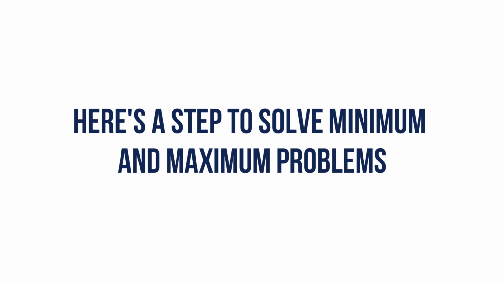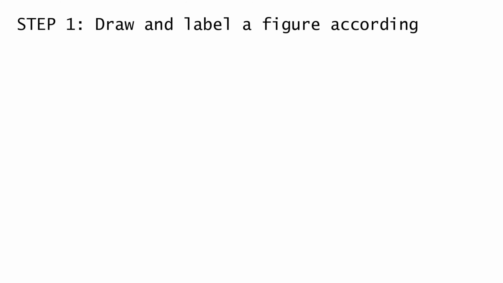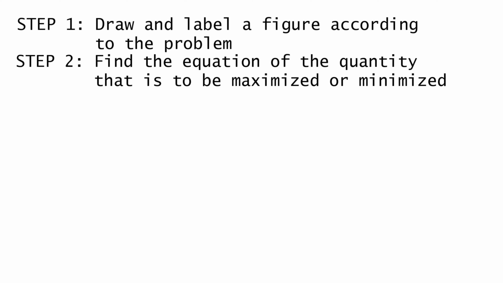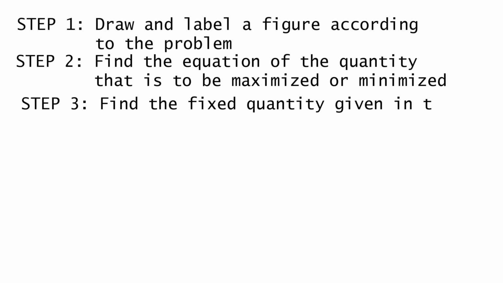Here are the steps to solve minimum and maximum problems. Step 1. Draw and label a figure according to the problem. Step 2. Find the equation of the quantity that is to be maximized or minimized. Step 3.